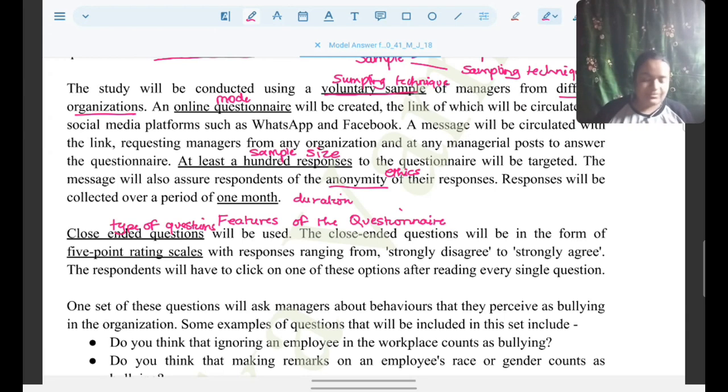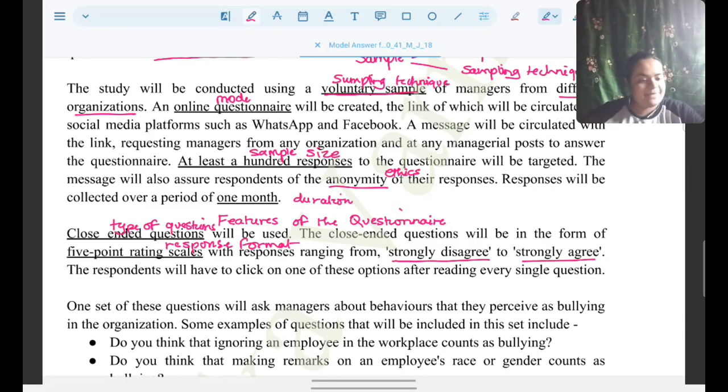And for close-ended questions, the response format is very important in a questionnaire. So I've also mentioned the response format, and the response format is that of a 5-point rating scale. Whenever we mention a rating scale, we need to mention whether the options are going to be in numbers or in words. In my questionnaire, the response options are going to be in words. I've specified those words: it's going to be from strongly disagree to strongly agree on a 5-point rating scale.